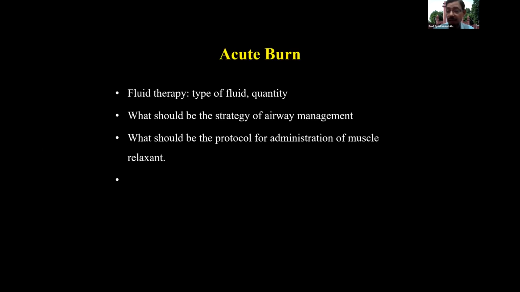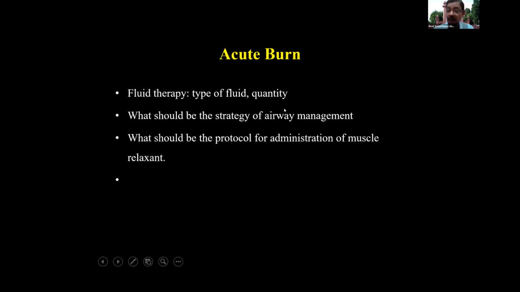Now, one very important thing I would like to tell the resident doctors is, since this patient is coming ideally as a post-burn contracture, the examiner can deviate and ask you something pertaining to acute burn. That is why they might ask you about fluid therapy, the type of fluid, the quantity of fluid, what the formula is, the Parkland formula. They can go straight to that side. Or what should be the strategy of airway management at the time of acute burn, because it depends upon the type of burn, whether the patient had a smoke burn, whether the patient has black carbonaceous sputum coming out.